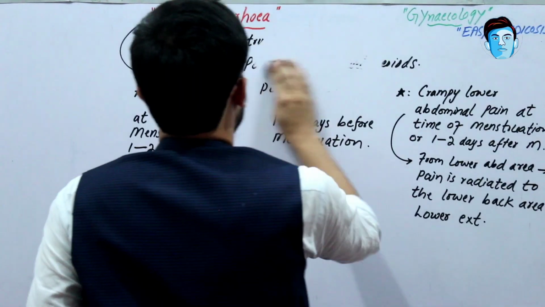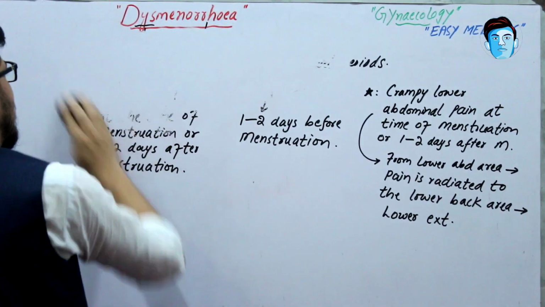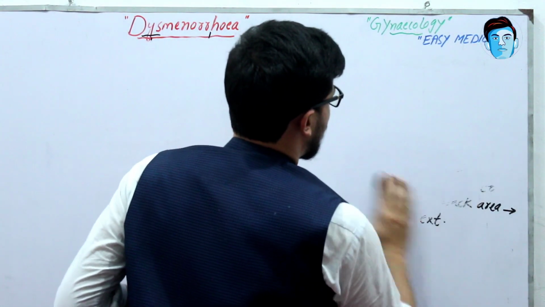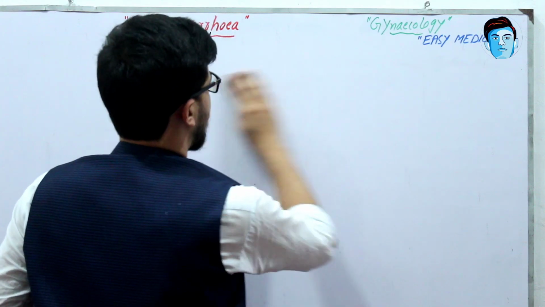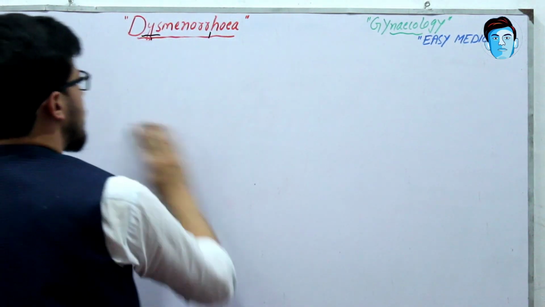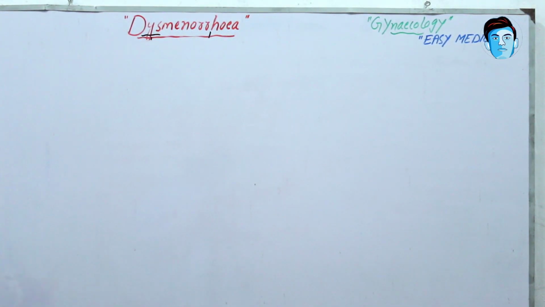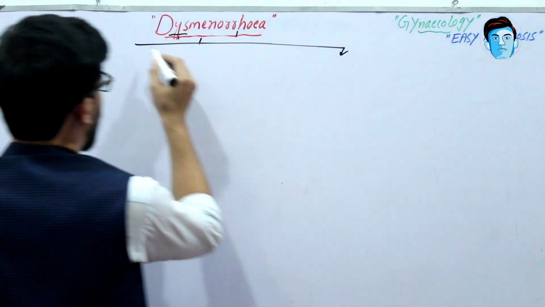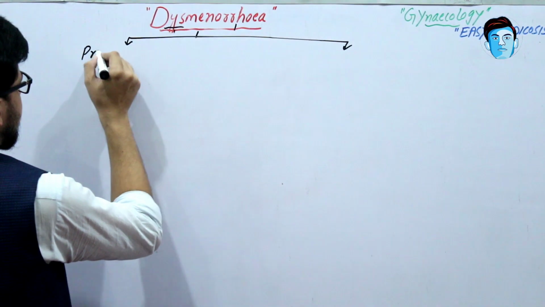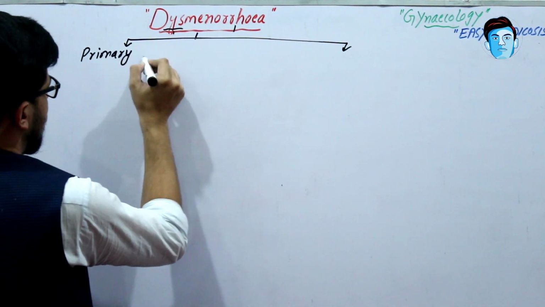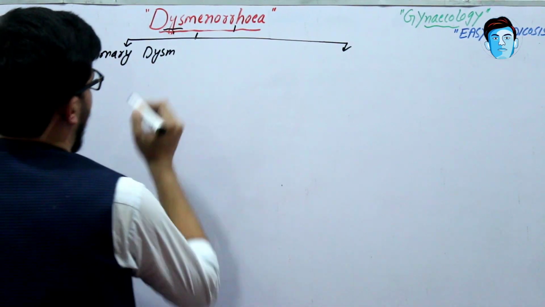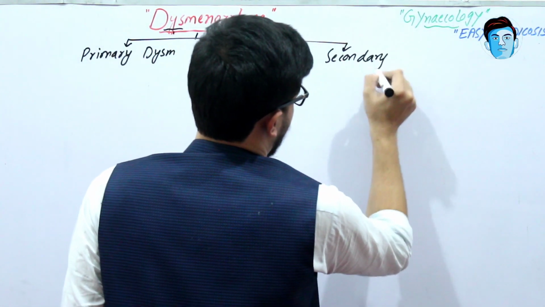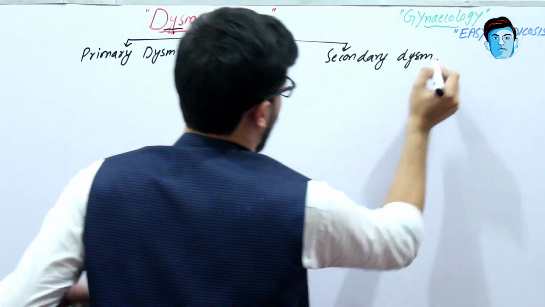Now let's discuss the types of dysmenorrhea. There are two types. Dysmenorrhea is broadly classified into primary dysmenorrhea and secondary dysmenorrhea.